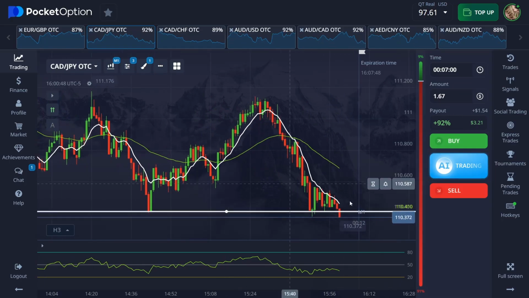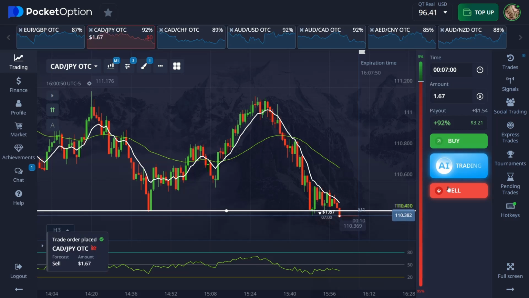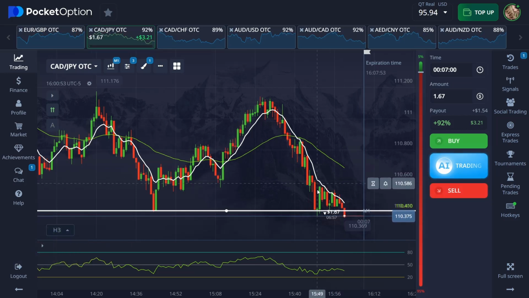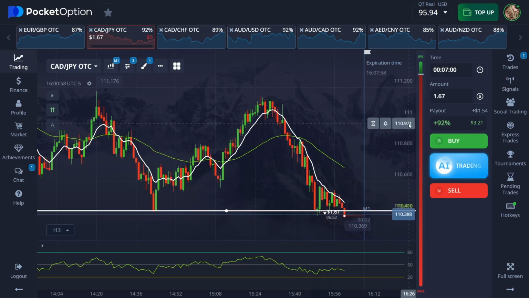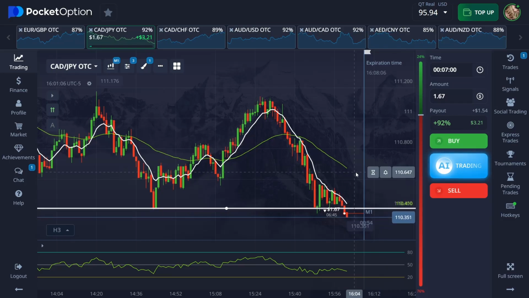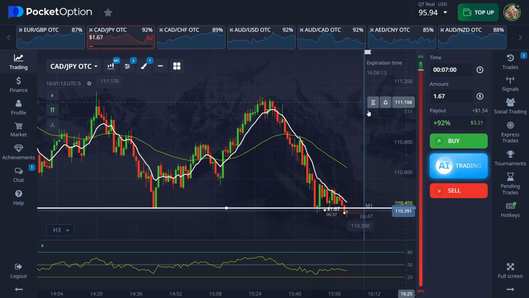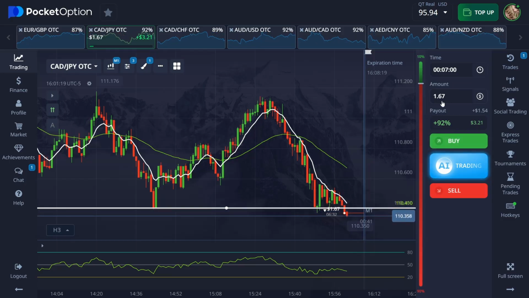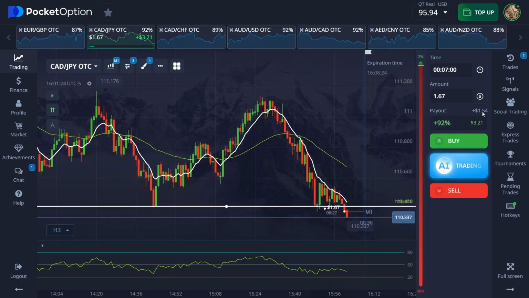You bet that price will go up, but it goes against you, so you lose the amount that you risked, everything. But say the price actually goes in your favor, and you would make 90% of what you invested or risked, which is $1.54. That's basically your profit.